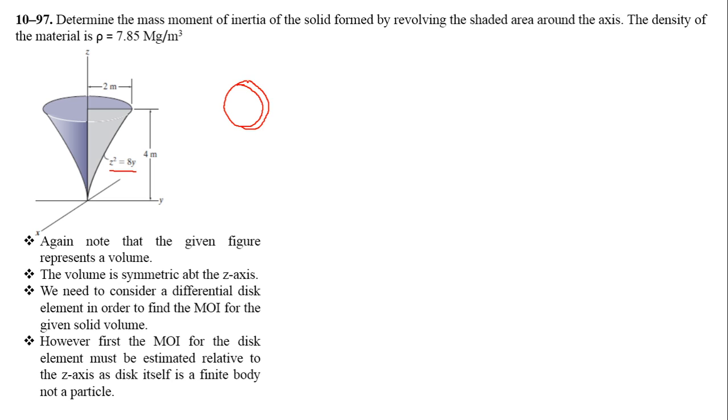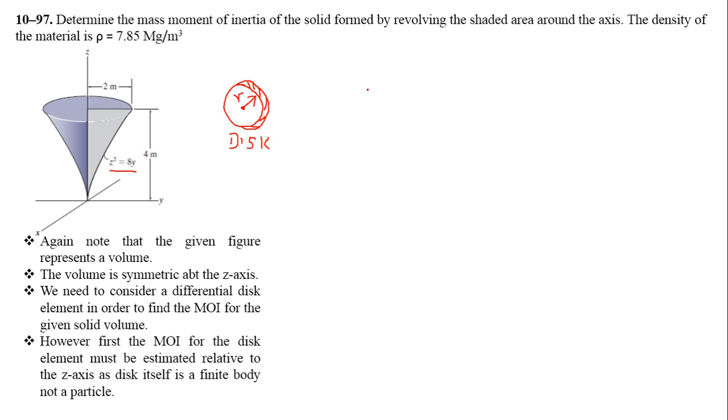Okay, you have some thickness of this disk which is of differential level, and this actually has a radius r. So this is a disk element that we can consider while we are using integration.